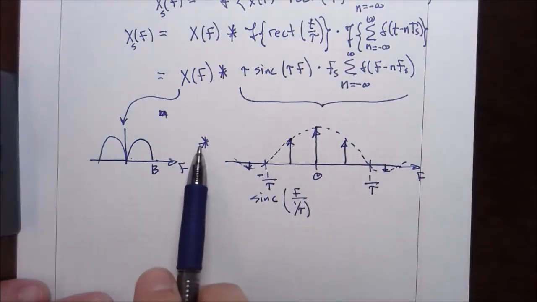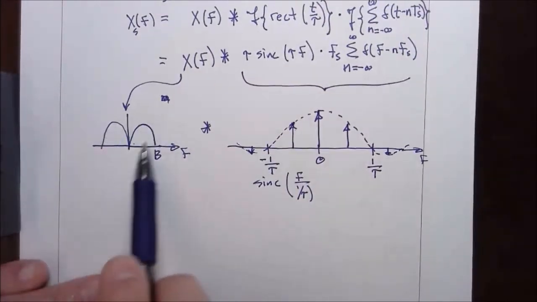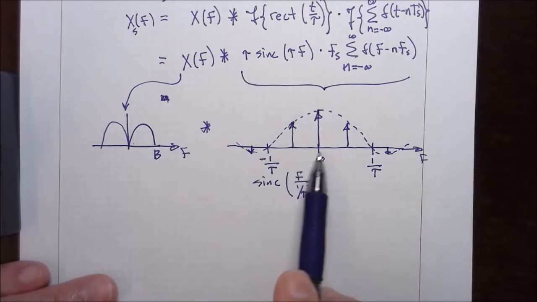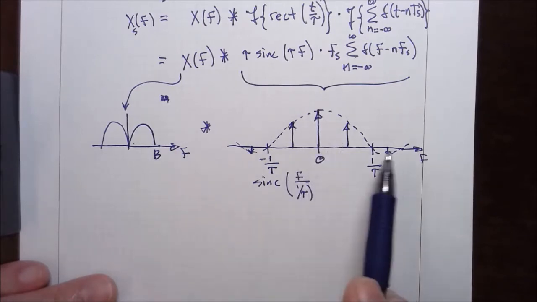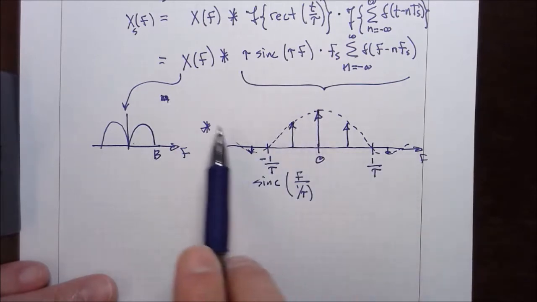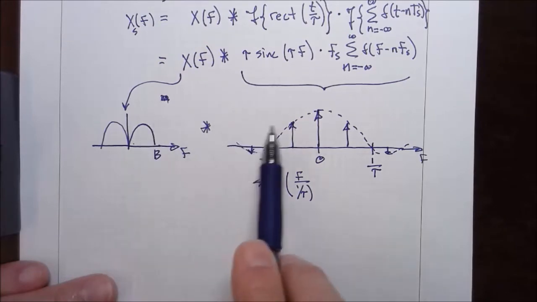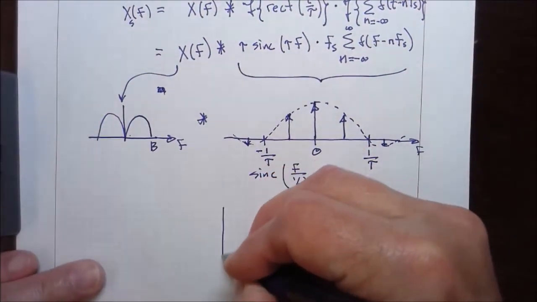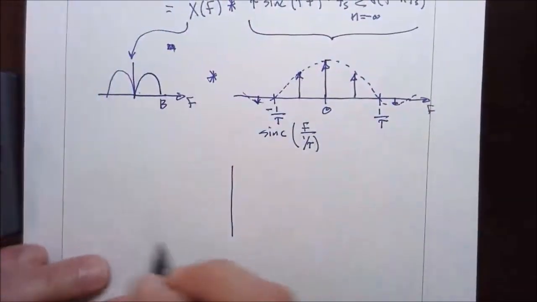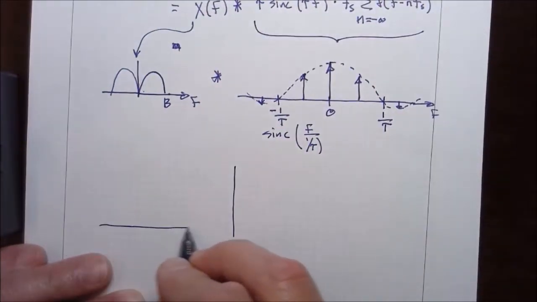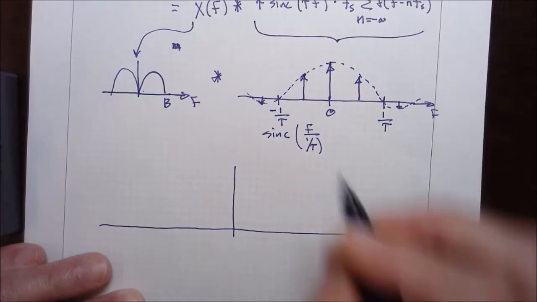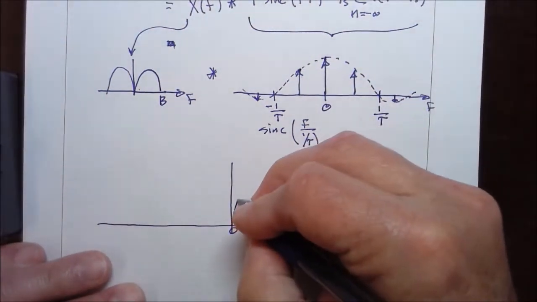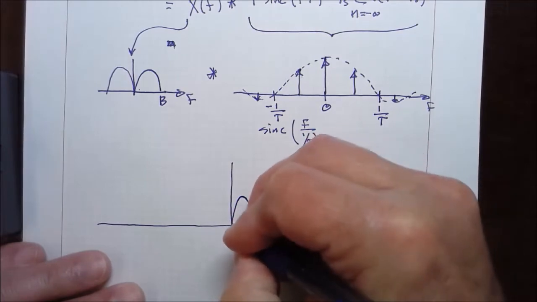Then when we carry out the convolution, we get a replica of this message signal centered at each one of these delta functions, but now each replica will have a different scale factor. So if I sketch this out below here, it will look something like this. The one centered at f equals 0 is going to be the biggest.